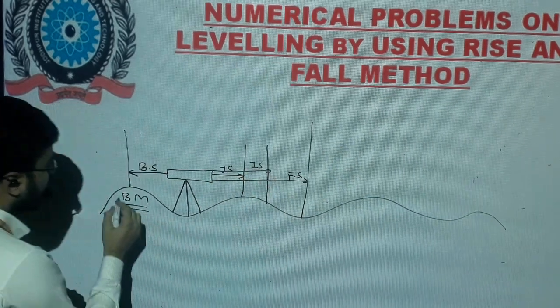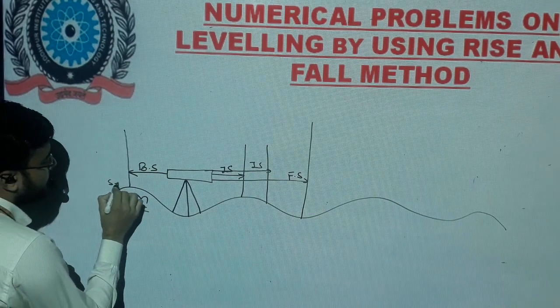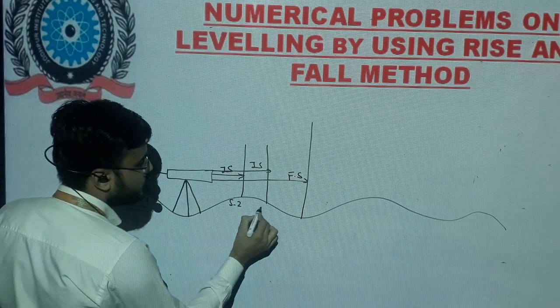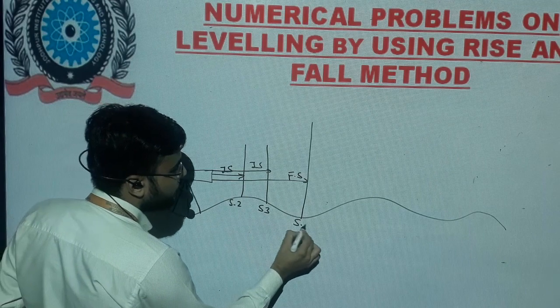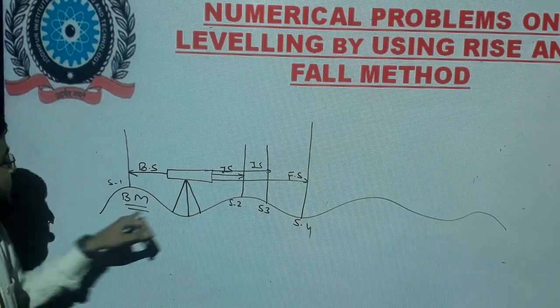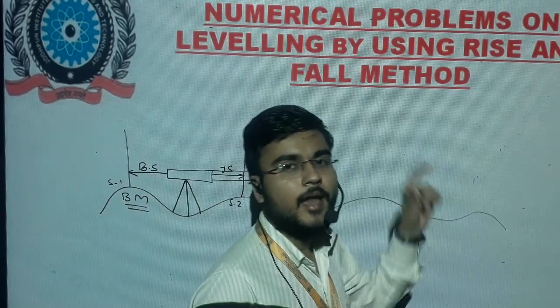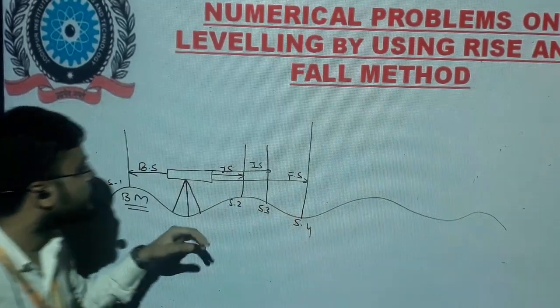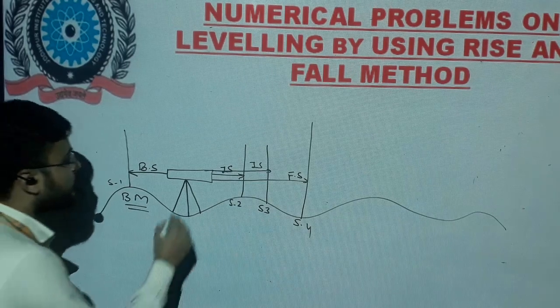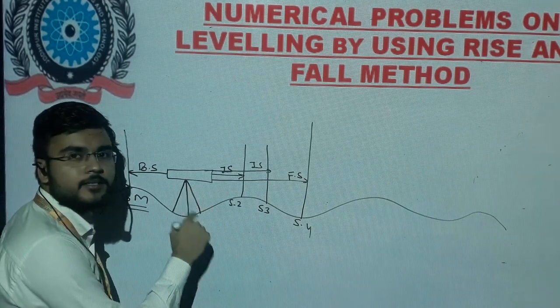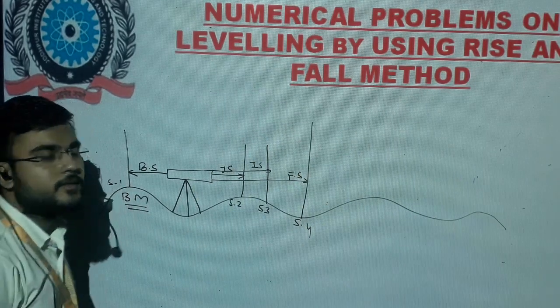So if I number staff 1, staff 2, staff 3 and staff 4, the staff 1 reading, the first reading, will always be backsight, and the last reading of the instrument will be foresight. After that I will shift this instrument for further leveling.